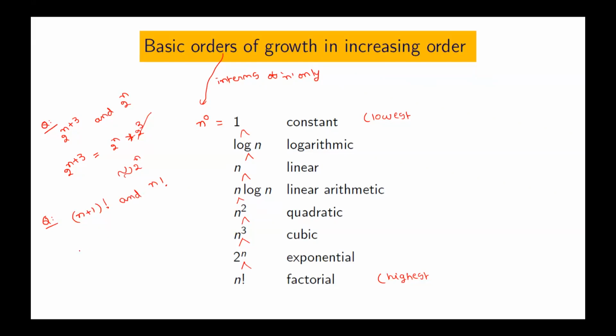That means it is impossible to write n plus 1 factorial as some constant factor into n factorial for any constant. If at all we are able to write like this, then this constant we eliminate, then what happens? N factorial we get, is that clear?